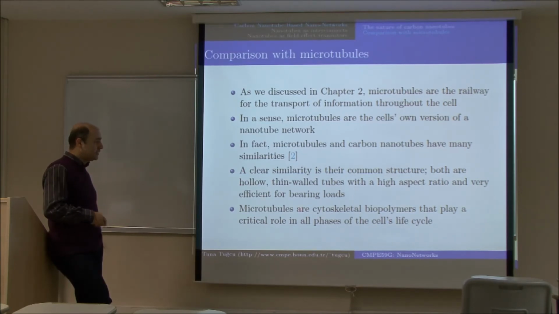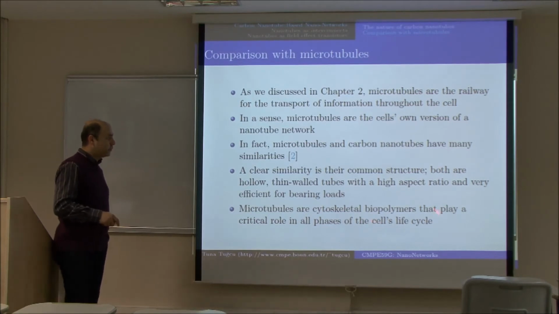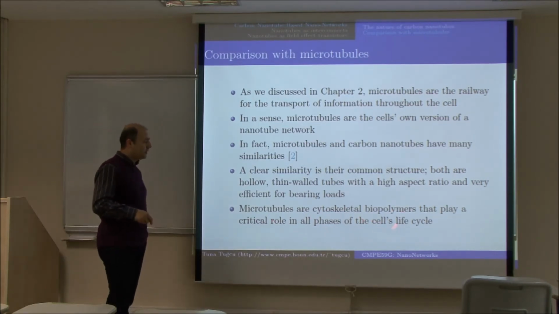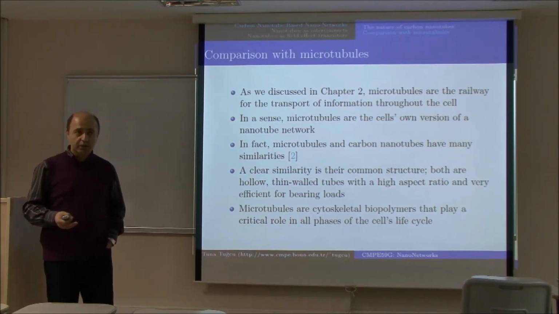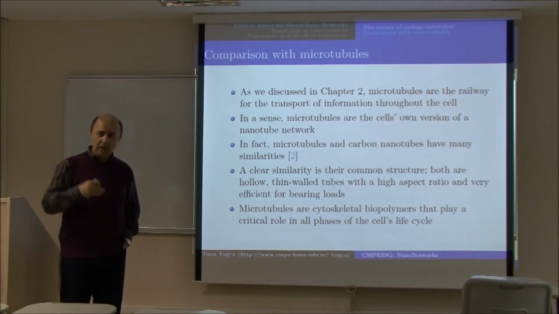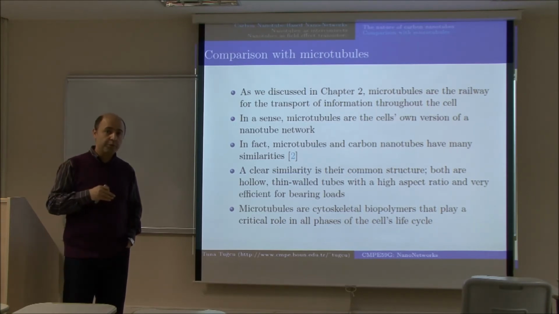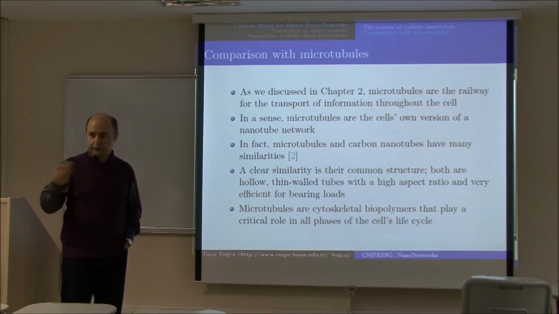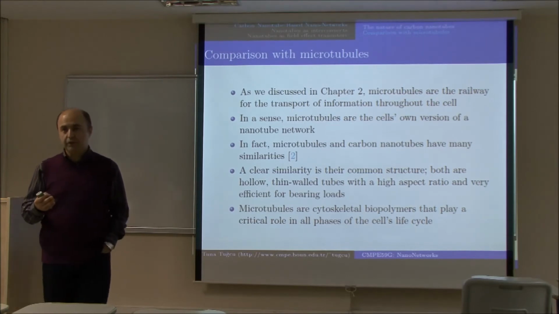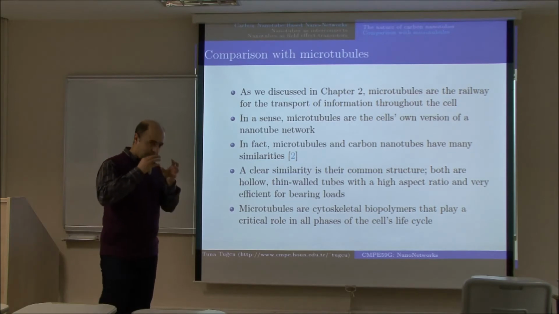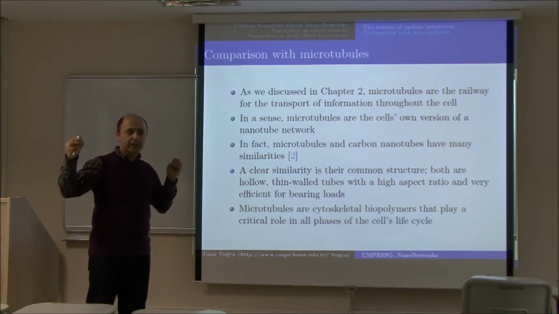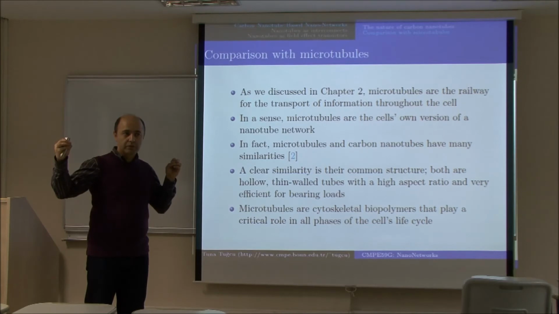The microtubules are cytoskeletal biopolymers that play a critical role in all phases of the cell's life cycle, for transporting information, for transporting useful chemicals into the cell, for transporting hazardous chemicals, the waste products, out of the cell, for many different purposes. They're also useful, for example, in the split of the cell into two pieces when the cell is trying to reproduce.